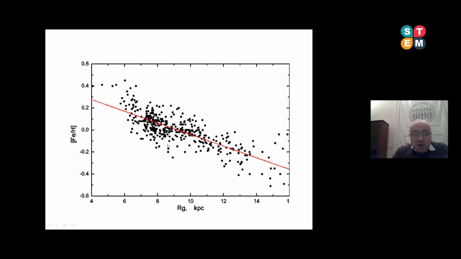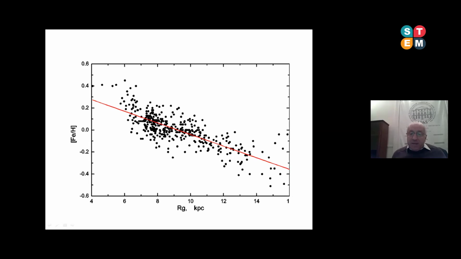All our stars, galactocentric distance, metallicity. We are here, about 0 and about 8 kiloparsecs. Our sun is here. So as you see, with this sample, we covered galactocentric distances from 4 to 16. Here we have 16 kiloparsecs.